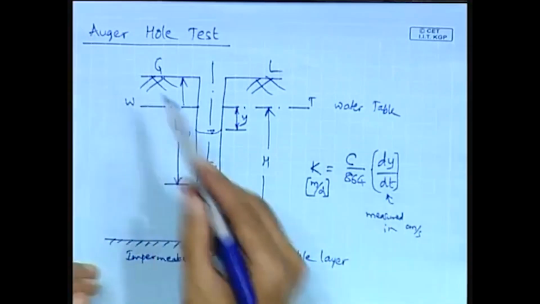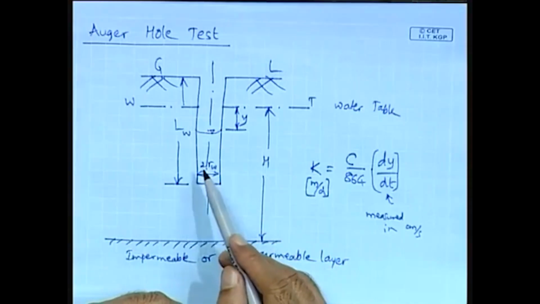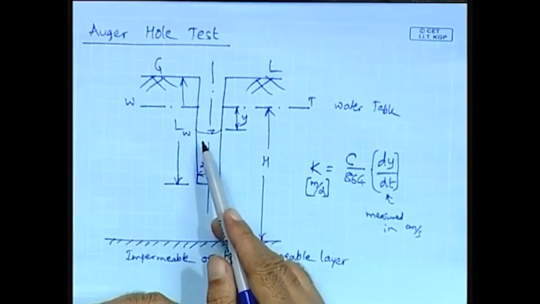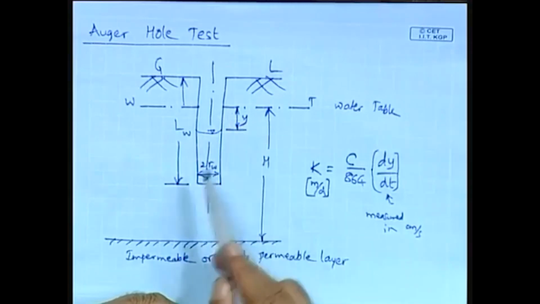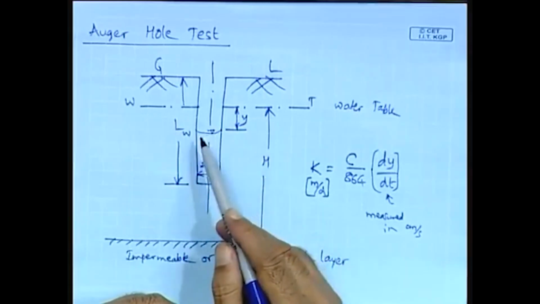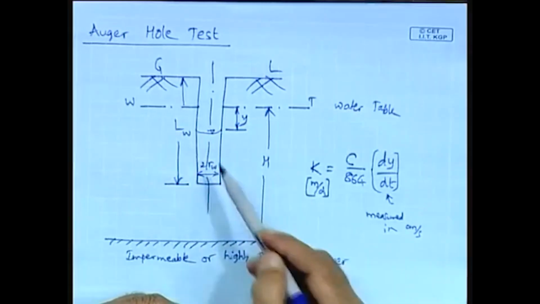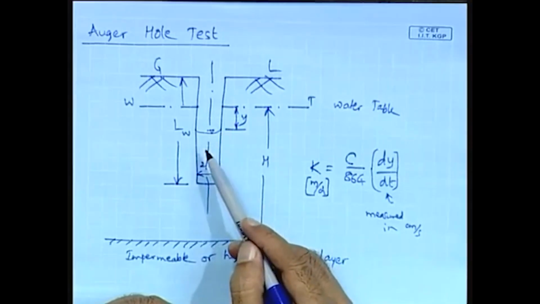Initially this auger hole is drilled, and then some water is removed, that is water is pumped out from this auger hole. Therefore, there will be a drawdown of y created, and because the water table is above, y goes on decreasing.